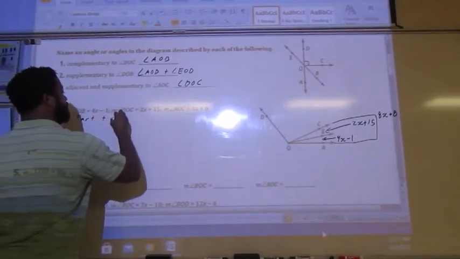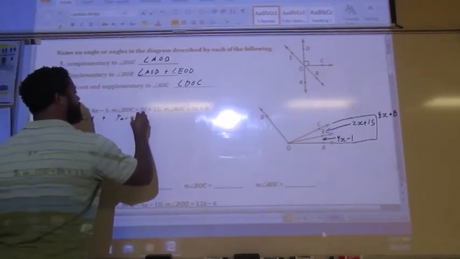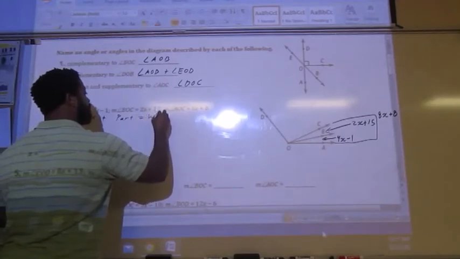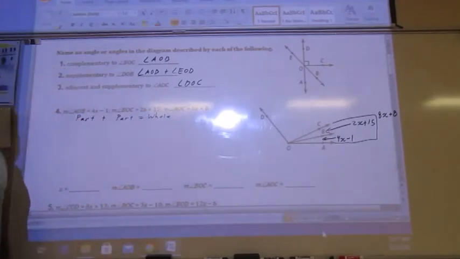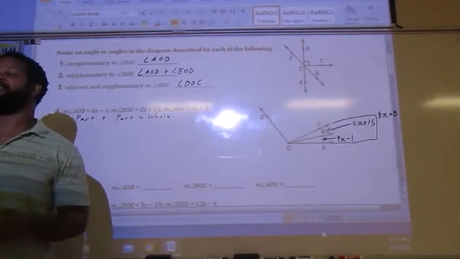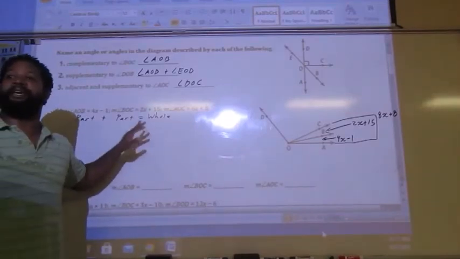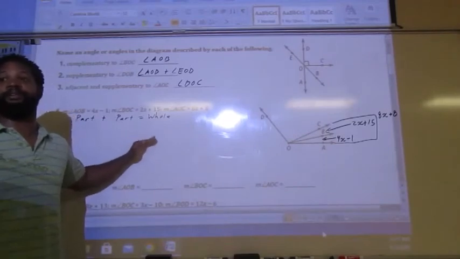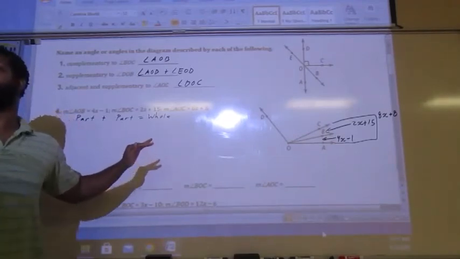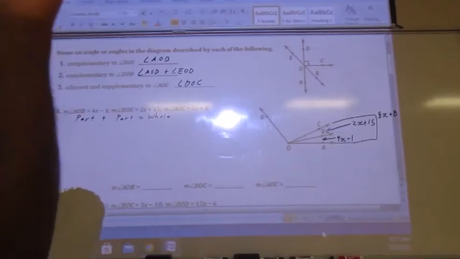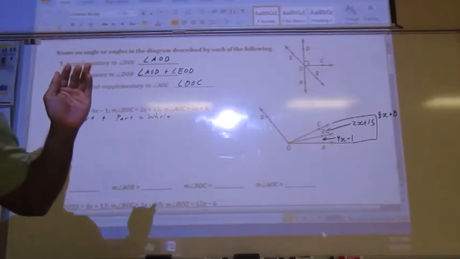Part plus part equals whole. This is the basic foundation for complementary and supplementary angles. Y'all should write this down.